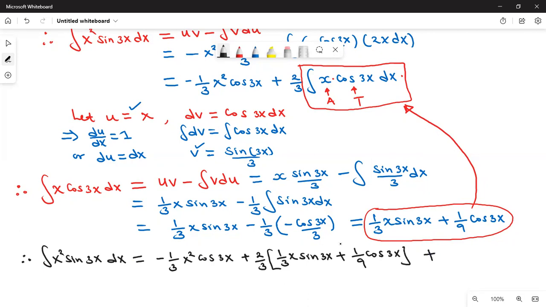And now you write the constant c of integration, because this is the final answer.